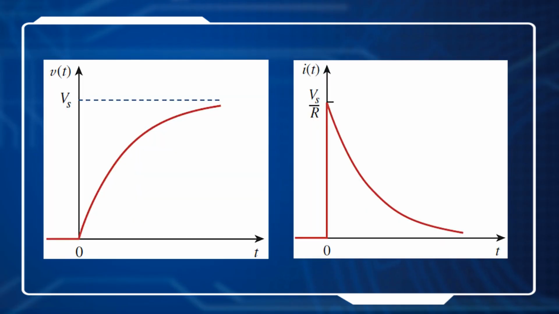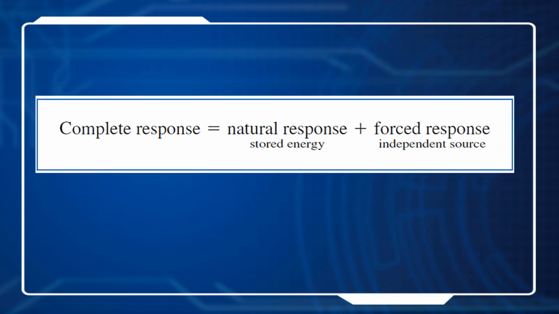And you can find the voltage cannot change abruptly. However, the current can change abruptly. Actually, the complete response of an RC circuit can be divided into two parts. The first part is the natural response, which is caused by the stored energy in the capacitor.